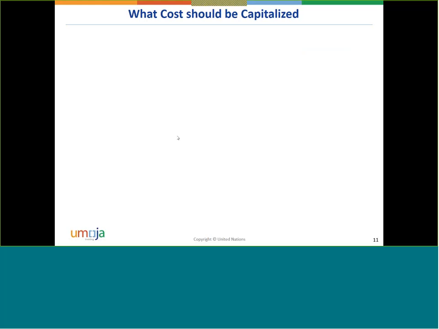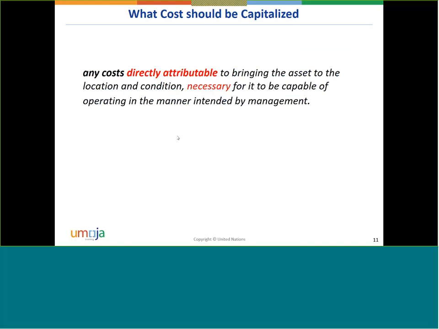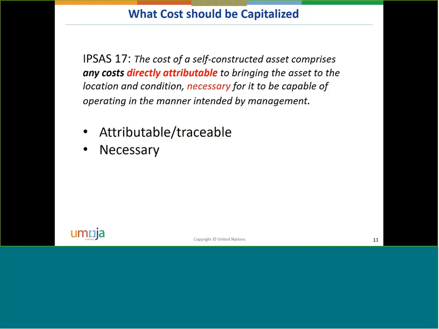What type of costs are supposed to be capitalized? For a self-constructed asset, the costs that can be capitalized are any costs directly attributable to bringing the asset to the location and condition necessary for it to be capable of operating in the manner intended by the management. In other words, any cost that is attributable and is necessary.